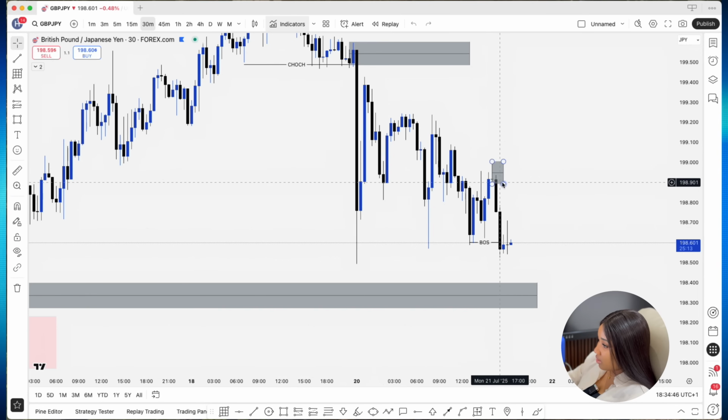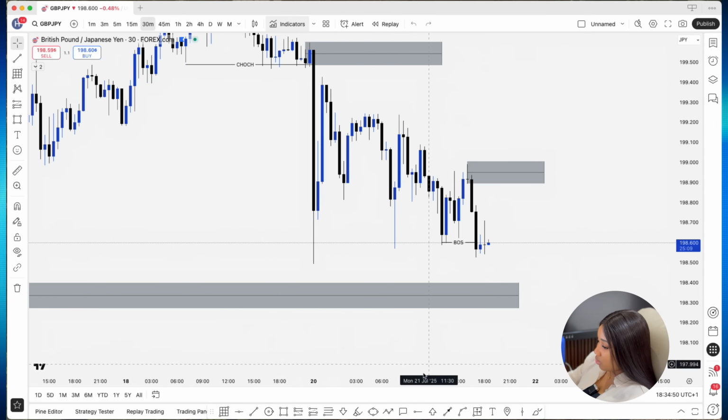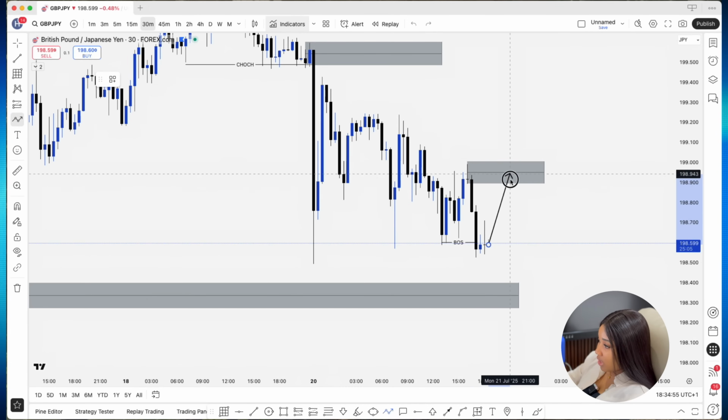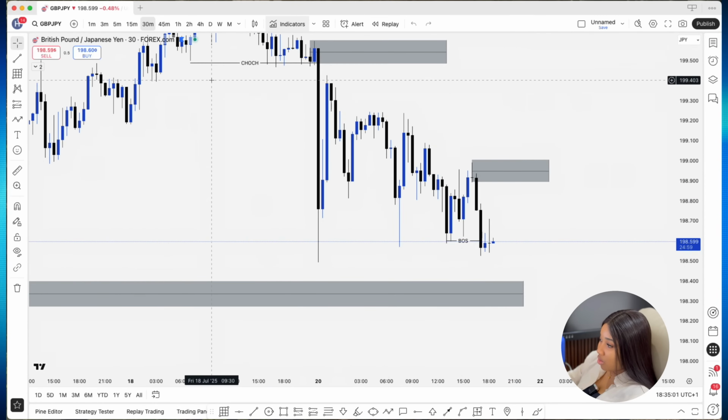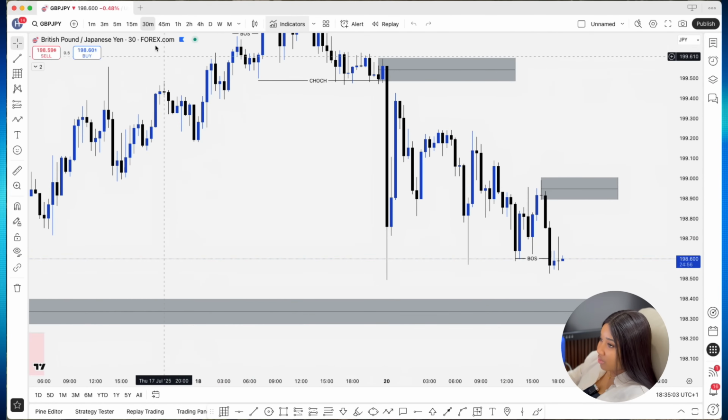If we get a push up, that simply means a possible sell can happen from here. But then we'll have to go to 15 minutes.